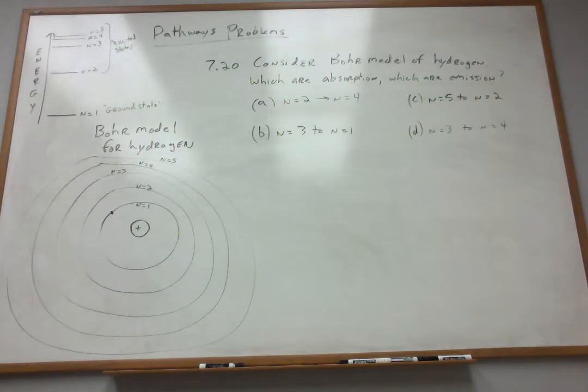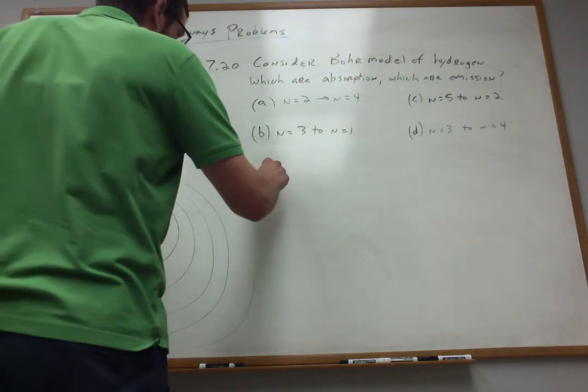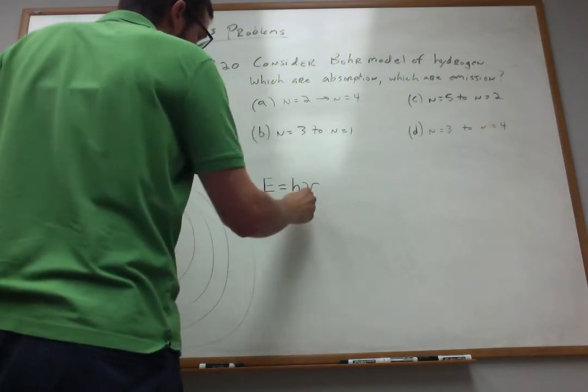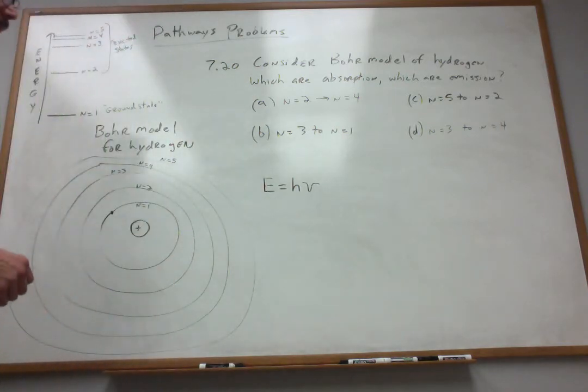But if I'm going to move from one spot to another, that's not a free process. Sometimes we need to put energy into the atom. Where does that energy come from? Well, we learned earlier that the energy of a photon can be given by h nu.